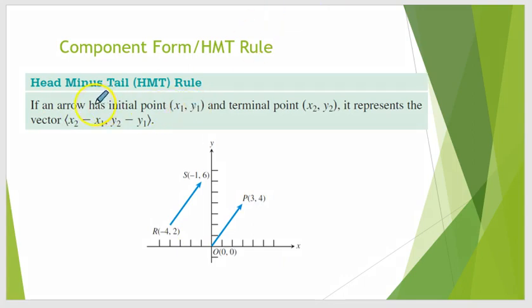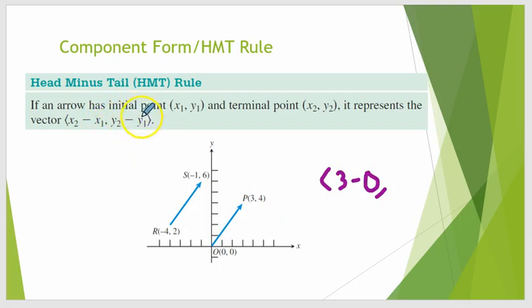So the way we do that is we take the ending point and subtract the starting point for the x's, and then we repeat that process for the y's. In this case, if I'm looking at the vector here, my ending location for x is 3, and my starting location for x was 0, and then I do a comma, and I do the same thing for the y's.